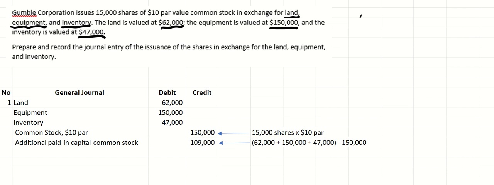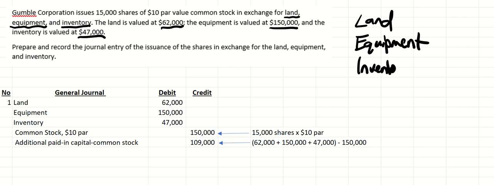So when it comes to land, equipment, and inventory, we know that these are assets. Since the shareholders made a contribution of land, equipment, and inventory into the business, and these are assets, to increase the balance in these asset accounts, we will need to debit them.